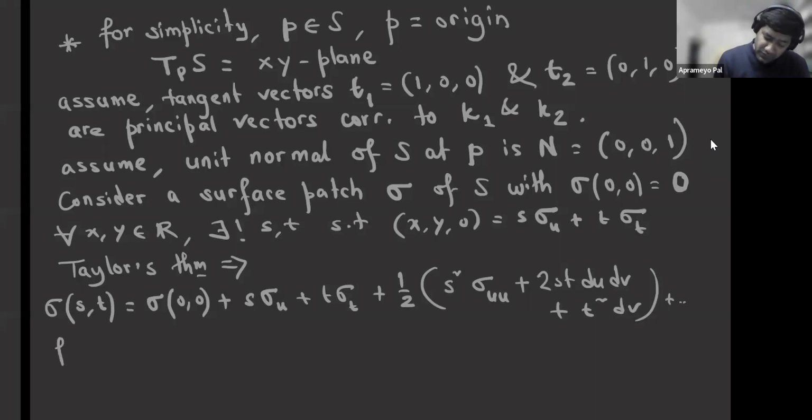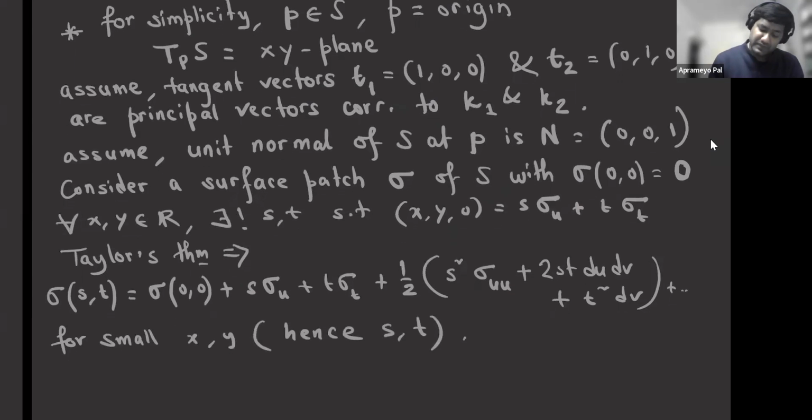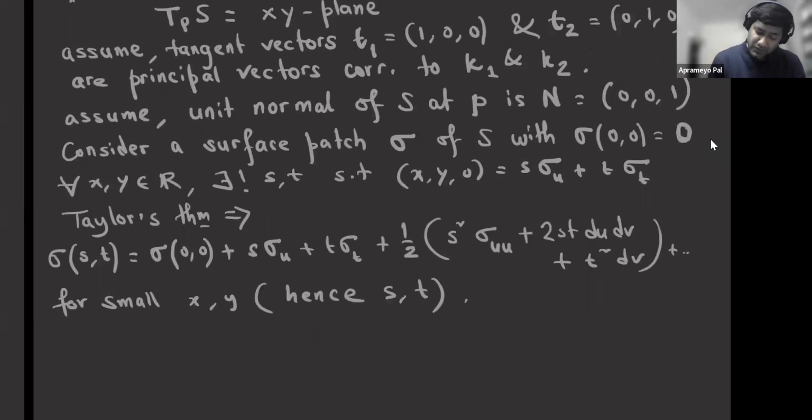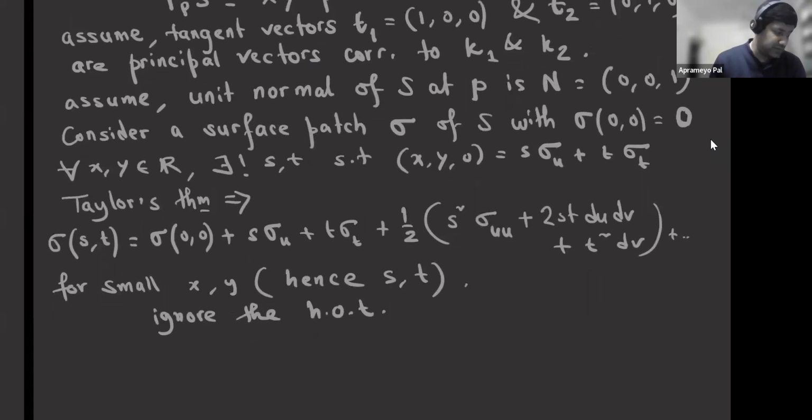If you take small x, y, hence you are taking small s and t, then you ignore the higher order terms.